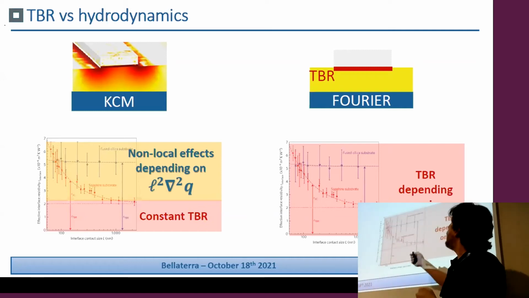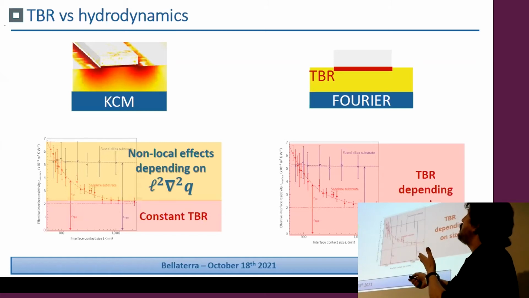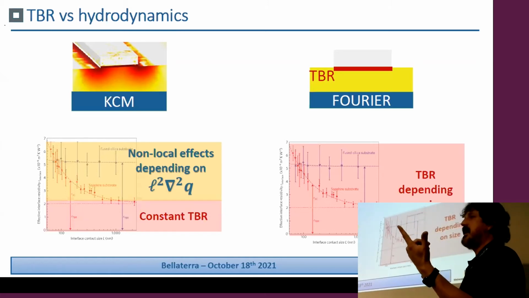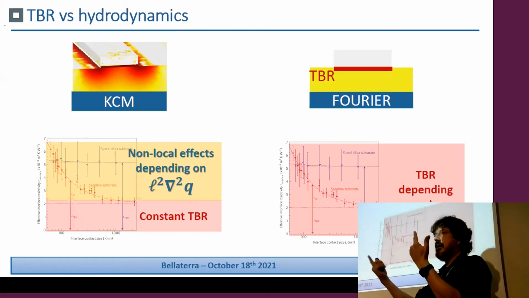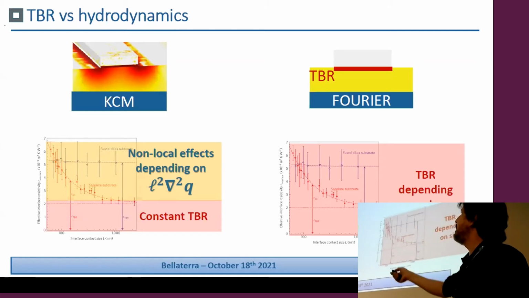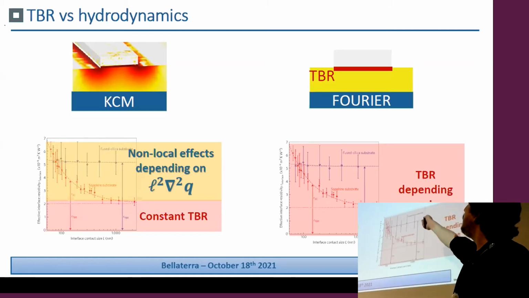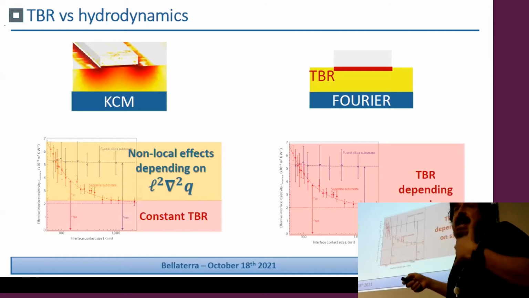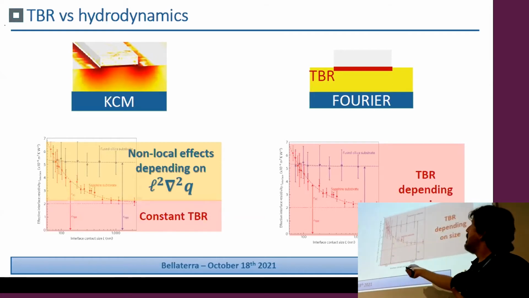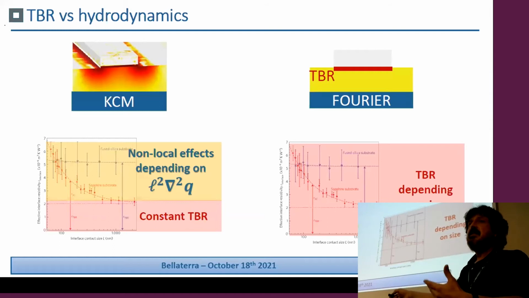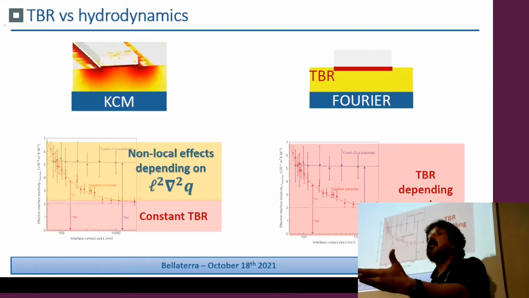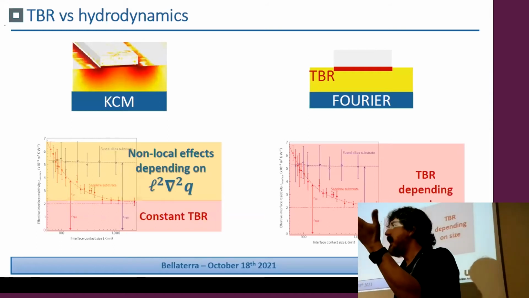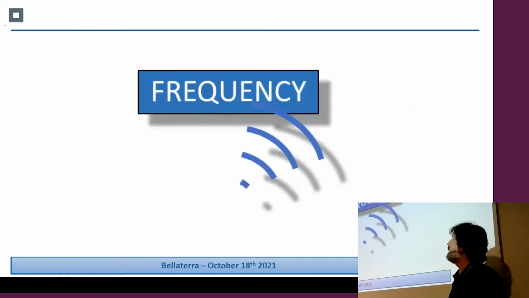Okay, but look at this. I want you to observe this just physically, that both models give you more or less the same: a reduction of the thermal conductivity near the sample. So in our case, we don't need the TBR because our Laplacian makes the effect of the TBR, without using any fitting parameter.